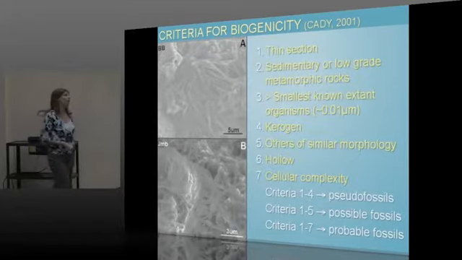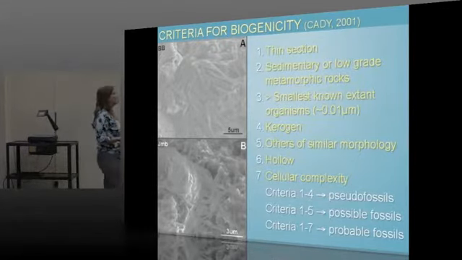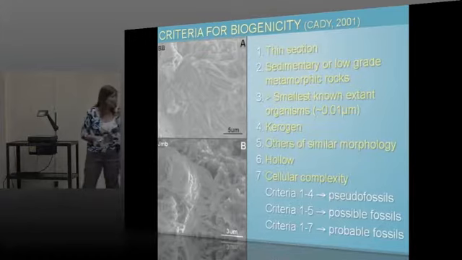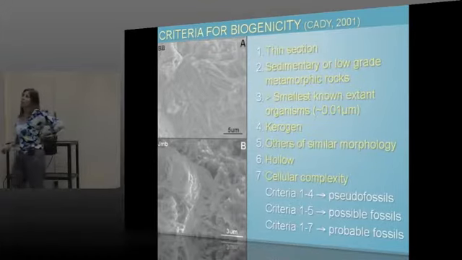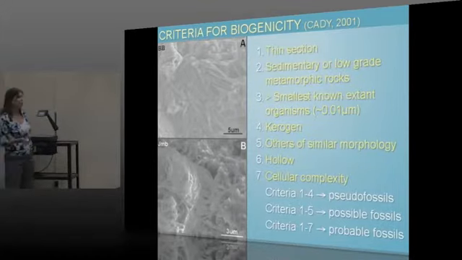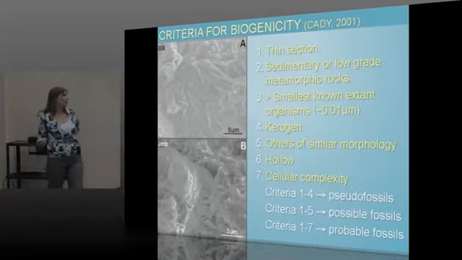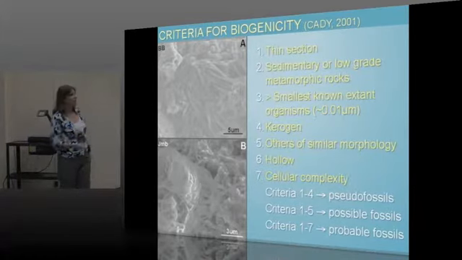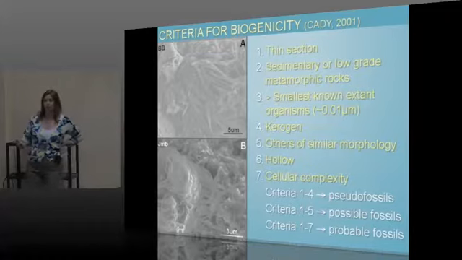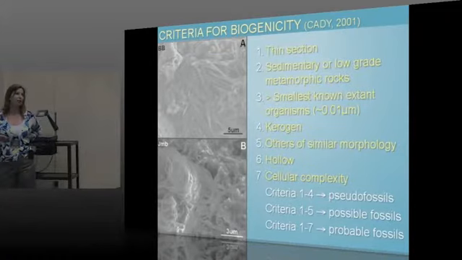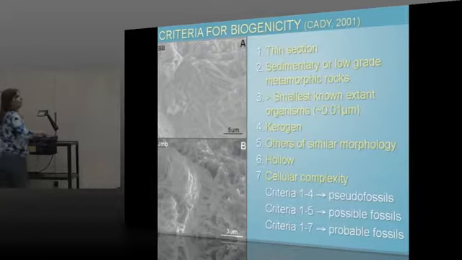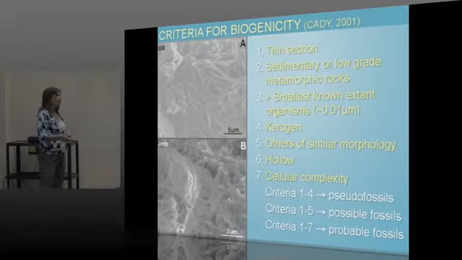So you have to show that it's actually not contamination, it's actually in the rock. It has to be a sedimentary or low-grade metamorphic rock, because like we've discussed, if it's in a lava, unless it's not syngenetic, lava burns it up, okay?